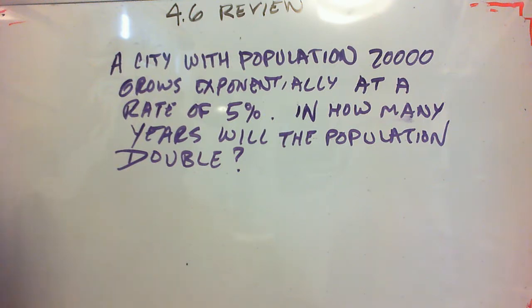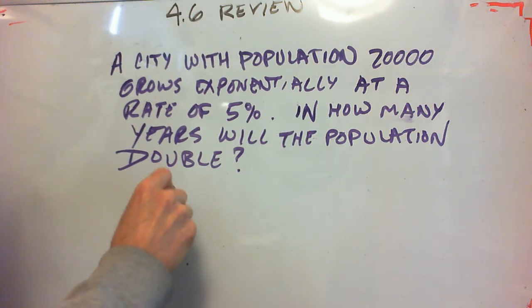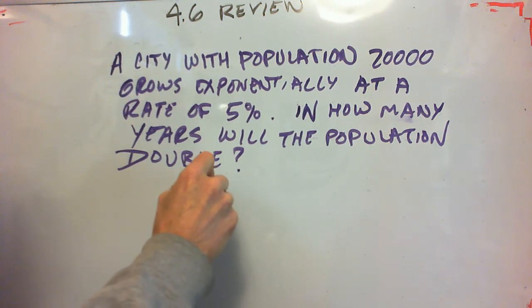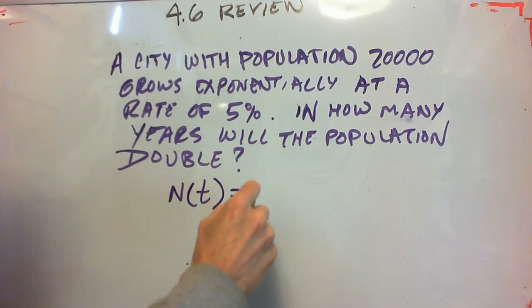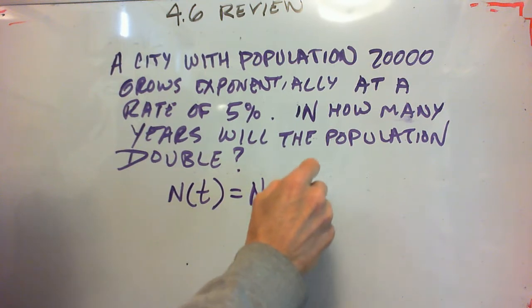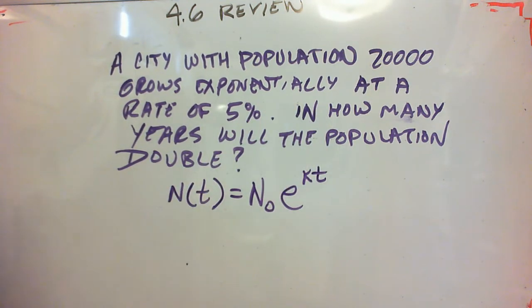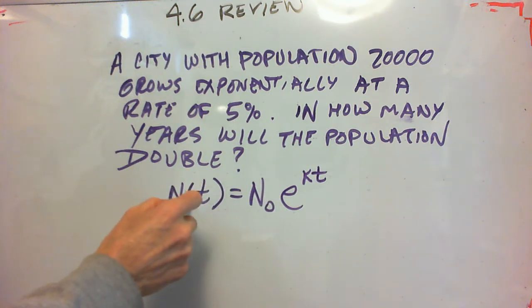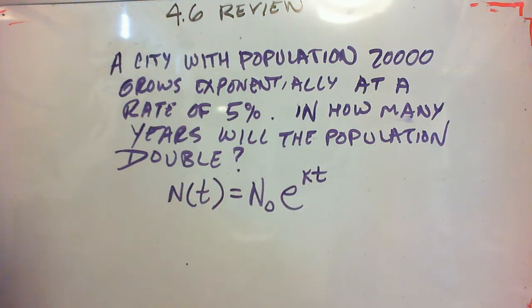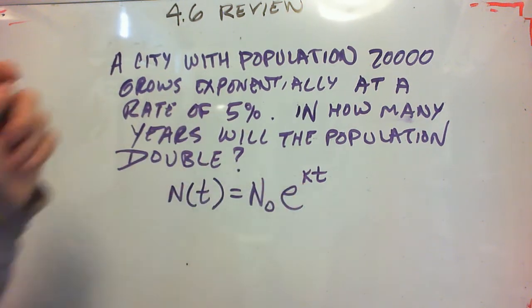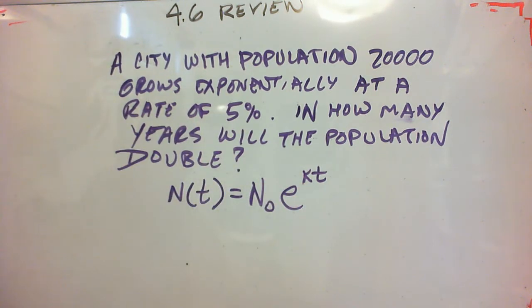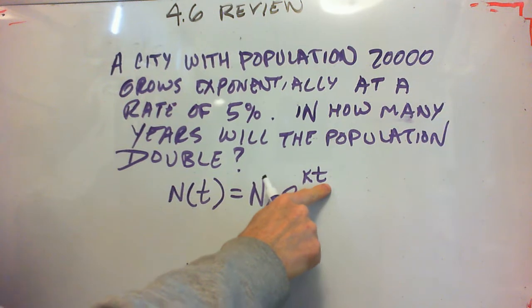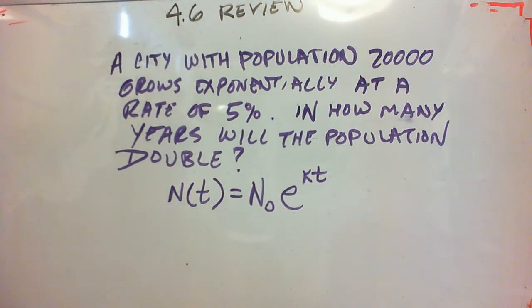The model for exponential growth from your notes or the book: N as a function of t equals N sub naught e to the kt power, where N sub naught is the initial amount, N as a function of t is the amount at any time t, k is a constant which corresponds to the growth rate, and t is the time periods that also match the growth rate.